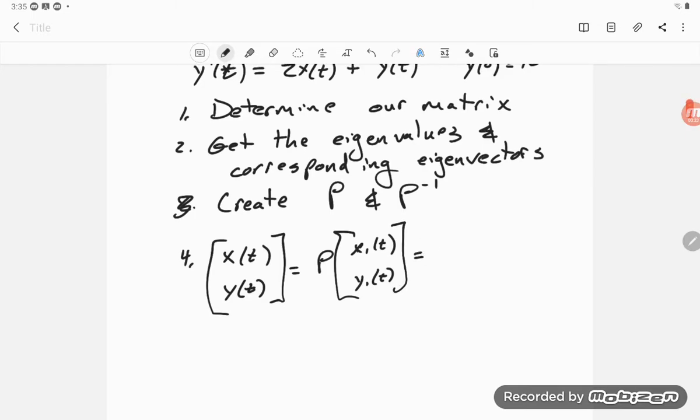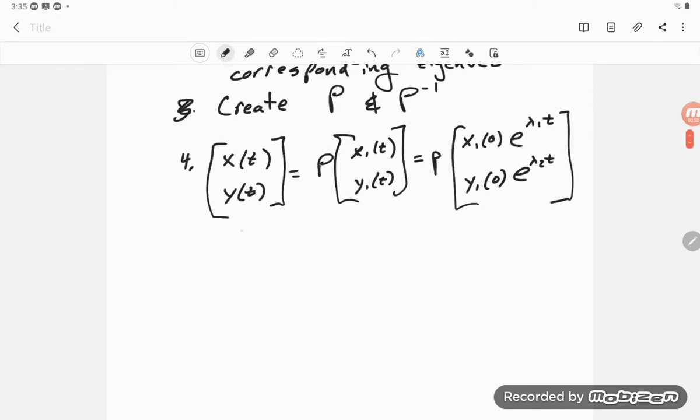Okay, but what are those? Well, those were the simpler differential equations, the uncoupled differential equations. So this is P times x1 of 0 e to the lambda 1 t, and y1 of 0 e to the lambda 2 t.